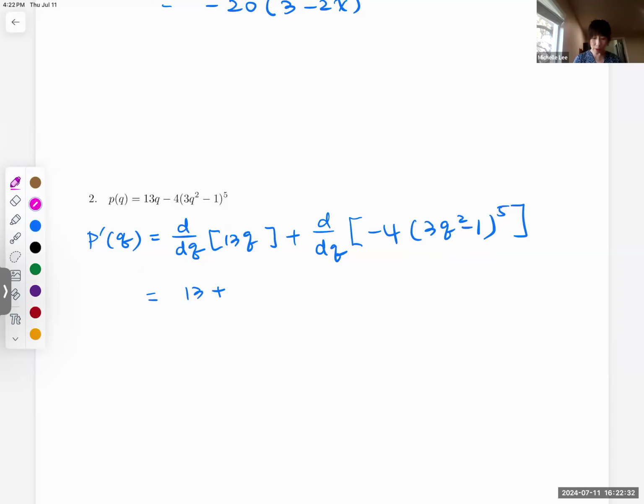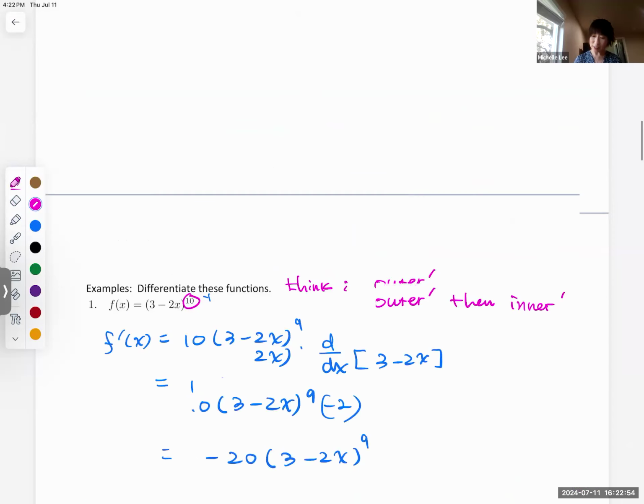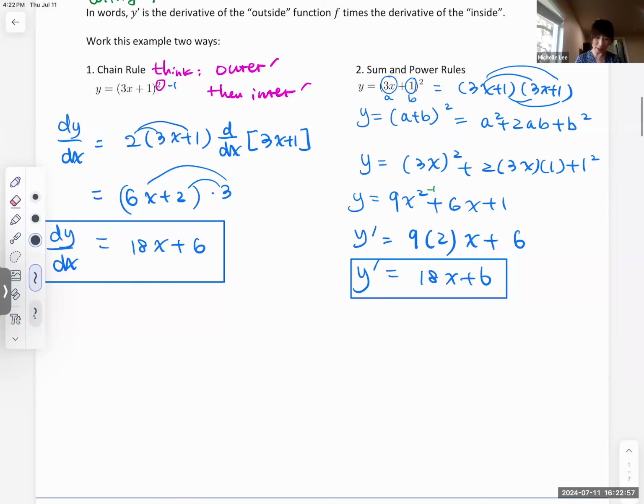What about this one? So outer first, then inner. Oh, inner, right? I said inter earlier. Inner, inside.